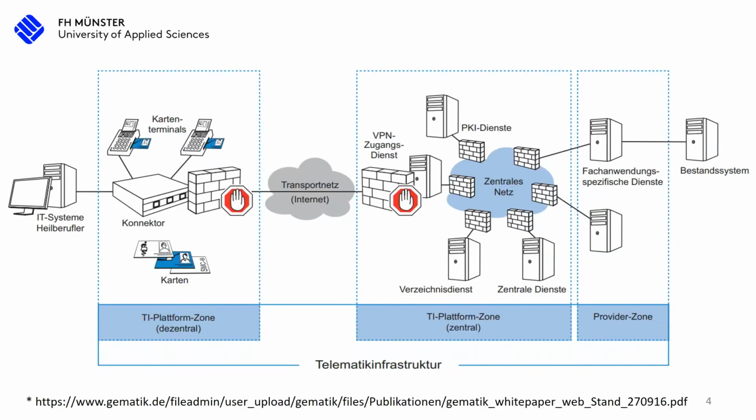And on the very right side, you can only see the system, the data archive system, but there's also other networks, like the secure network of the KVK, which is mandatory now if you want to actually get paid as a doctor.